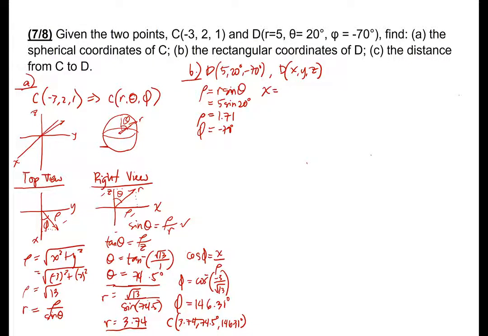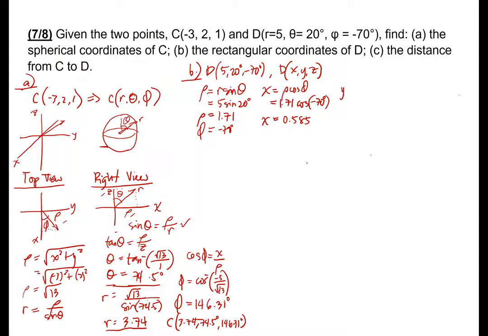Given the formula here, X is adjacent to P, so we have rho cosine P. Therefore this is 1.71 cosine of negative 70, which is equal to 0.585.